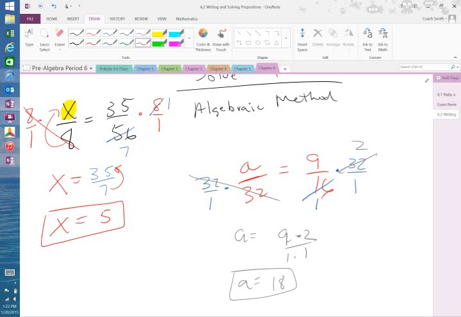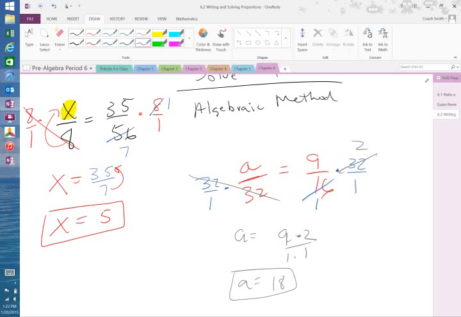Okay, number 26 says you're driving 2,760 miles across the country. During the first 3 days of your trip, you drive 1,380 miles. If you continue to drive at this same rate each day, how many days will the entire trip take? So, we want to set up two ratios. Why? Well, because that's the section we're in.